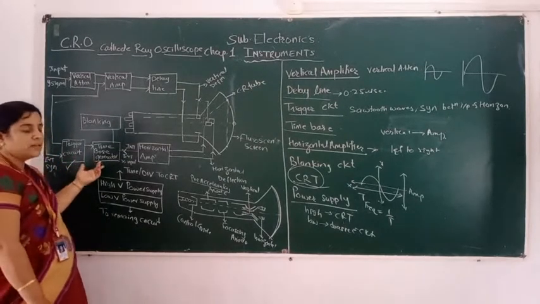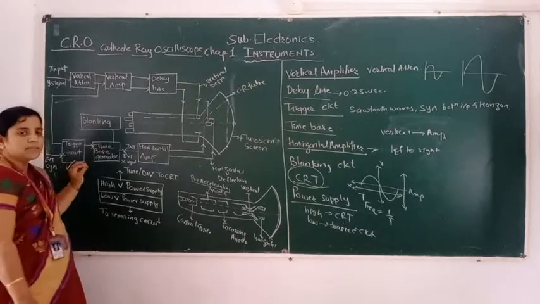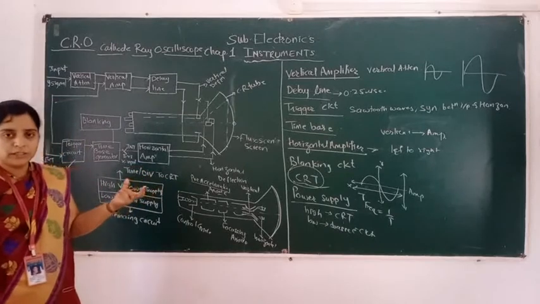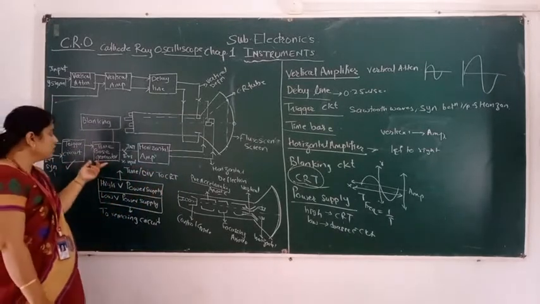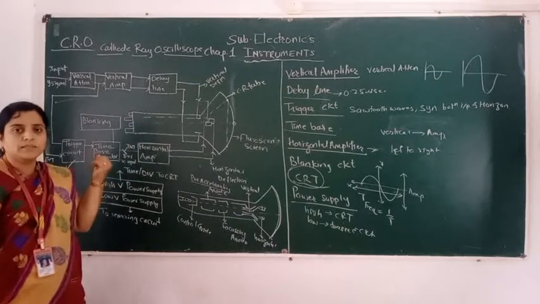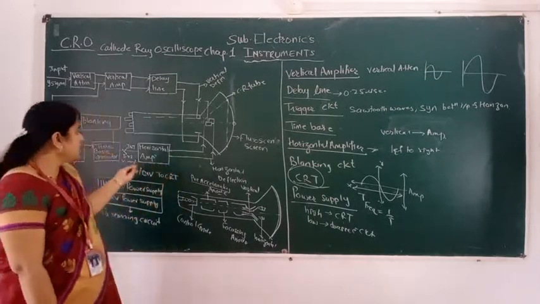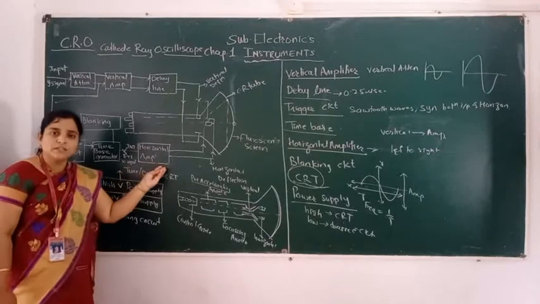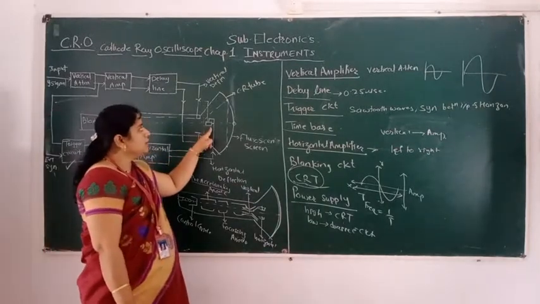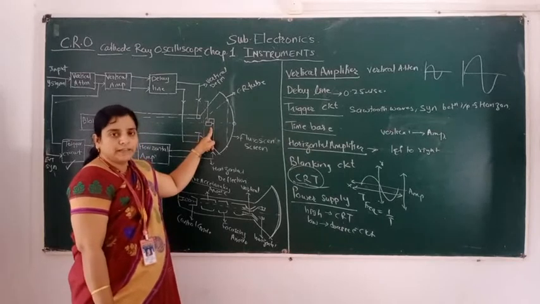Why? Because the trigger circuit synchronizes whether input is given or not to the horizontal. Then it is given to the time-base generator, which produces the sawtooth wave, and that sawtooth signal is given to the horizontal amplifier. Then the horizontal amplifier output is applied to the horizontal deflection plate.